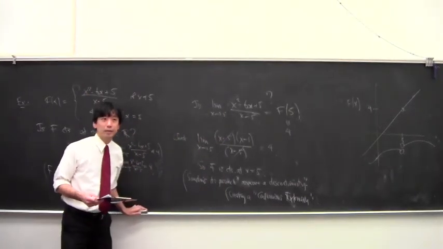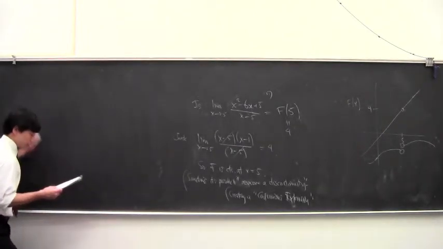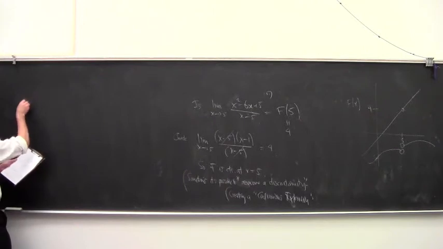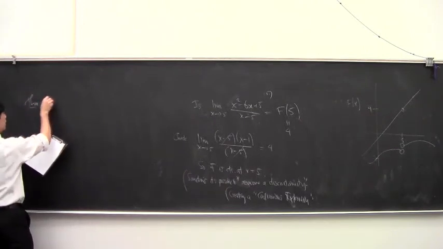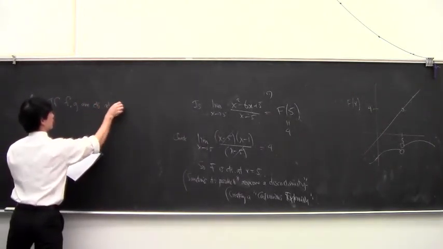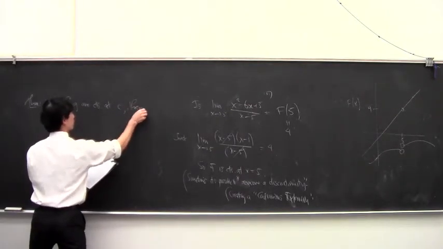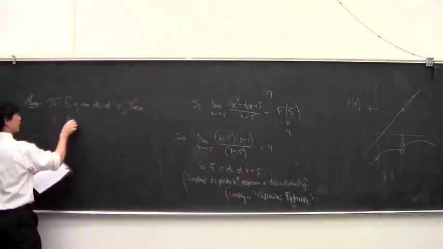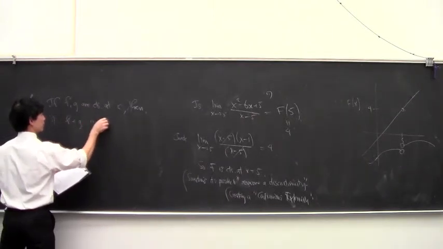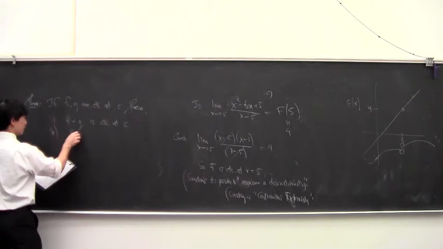Other questions? Anything? So, let me give you a couple more useful things. If f and g are continuous at some point, then one, their sum is continuous there. Two, their product is.